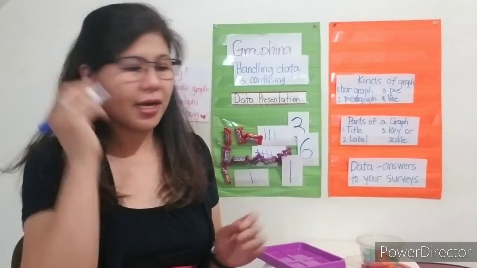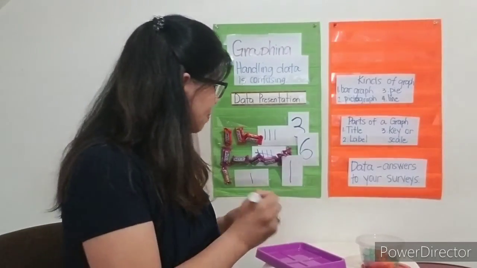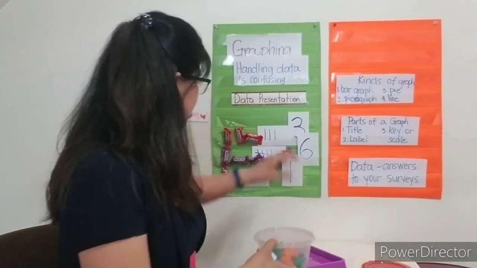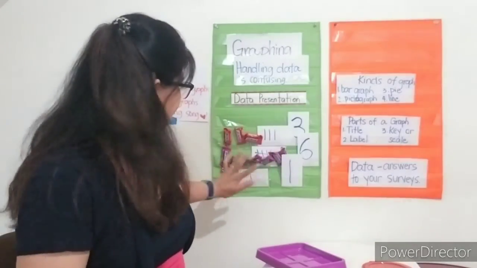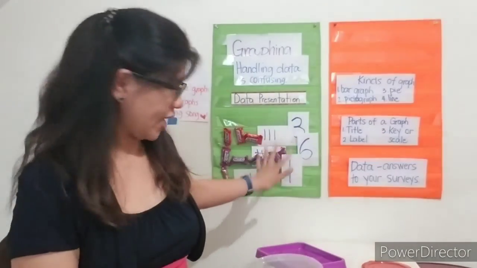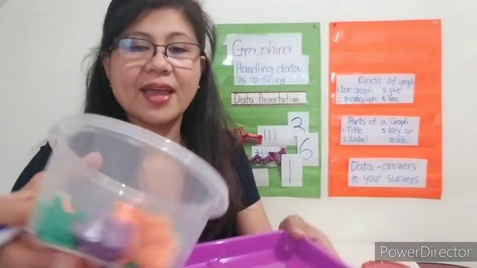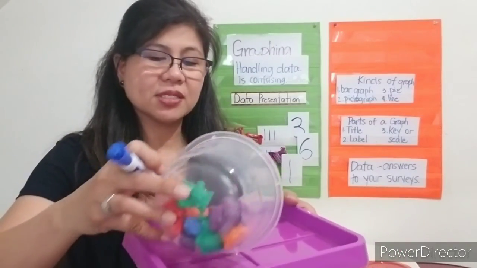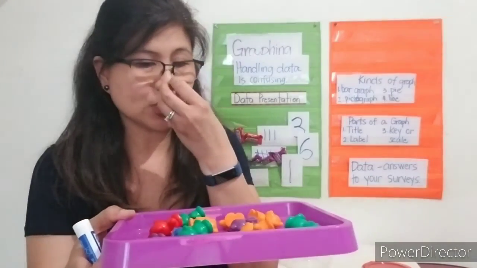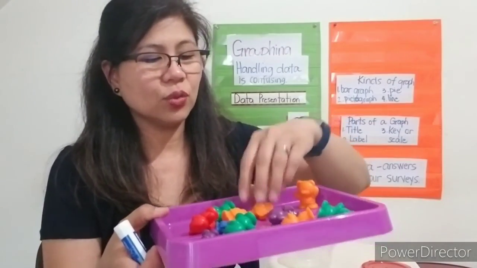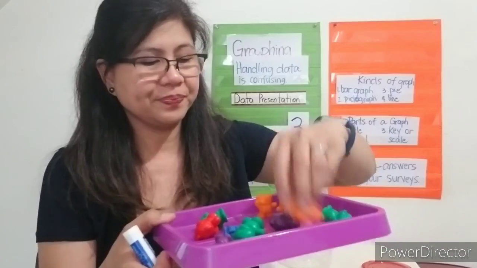Okay. Now, how about if I have the bears? Okay, it's a little messy here, but I'll just leave it there for now. Let me put my bears here on my tray. Okay, so what do we do? First, we sort them. All the orange bears together, okay?